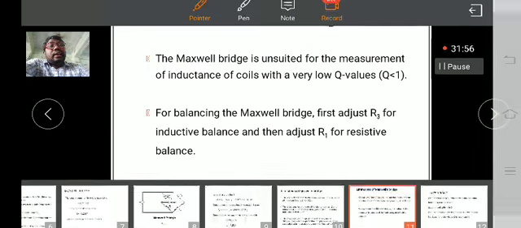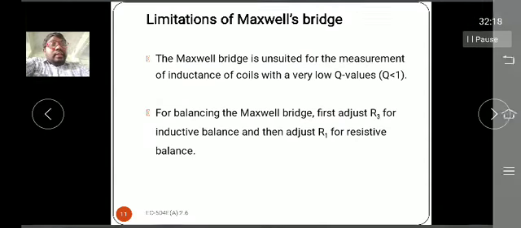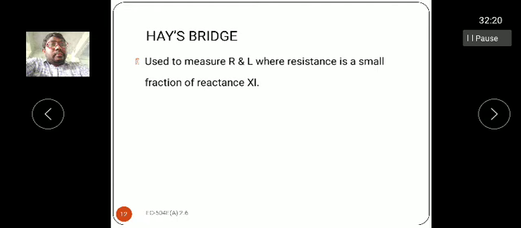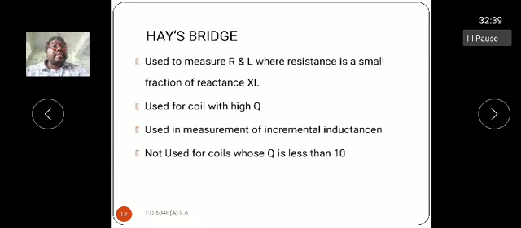The next one is the Hay's bridge. It is used to measure resistance and inductance where the resistance is a small fraction of the reactance, and used for coils with a high quality factor, in measurement of incremental inductance.